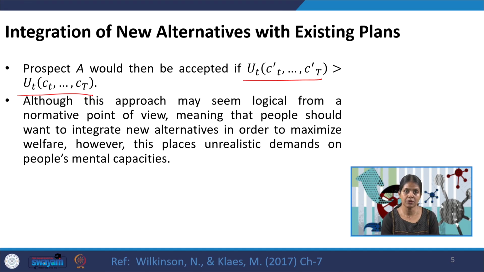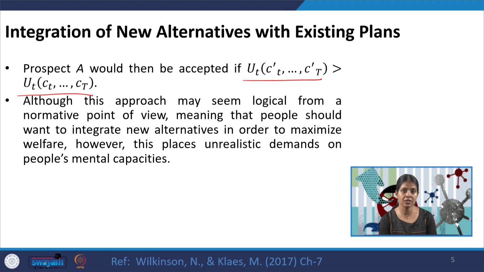Although this approach may seem logical from a normative point of view, meaning that people should want to integrate new alternatives in order to maximize welfare, however, this places unrealistic demands on people's mental capacities. We actually cannot predict or foresee the future so well that we would be integrating all such possible income or additional wealth to our existing wealth and then decide how much to consume.